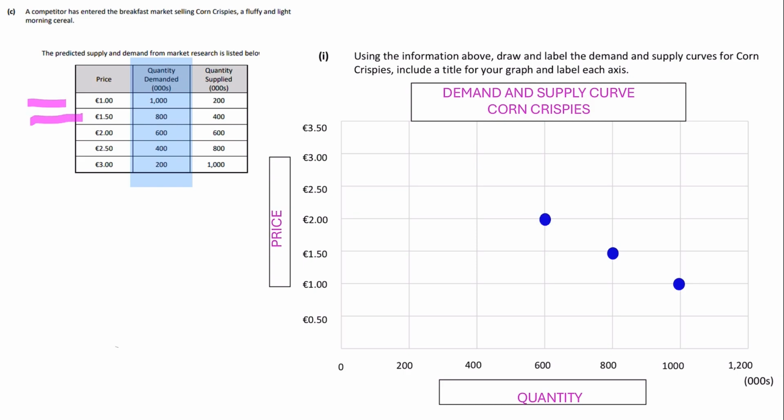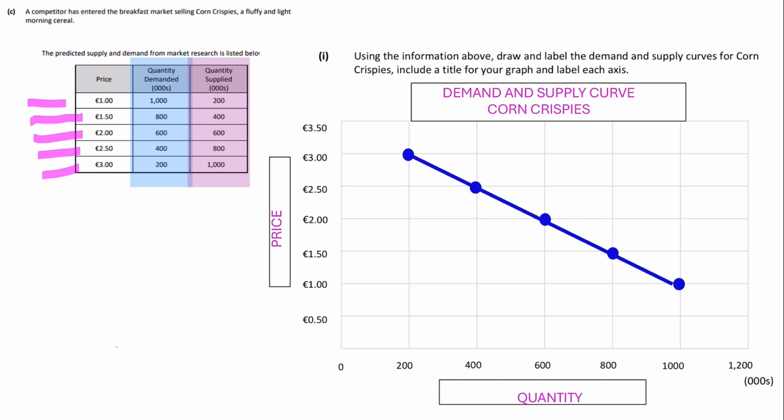When it is €2, the quantity demanded is 600. When the price is €2.50, the quantity demanded is 400. And when the price is €3, the quantity demanded is 200. So that is the demand curve. You can just draw your straight line through that.